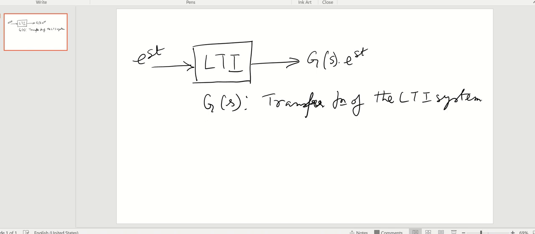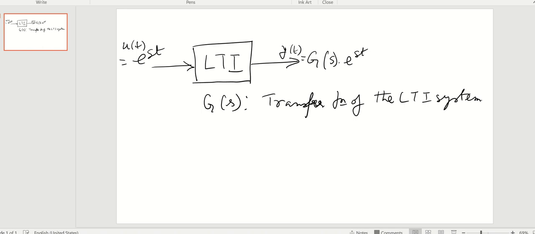And by extending this, we saw that if you instead choose, so let me just write this as u of t is equal to, and this is y of t is equal to this, right?